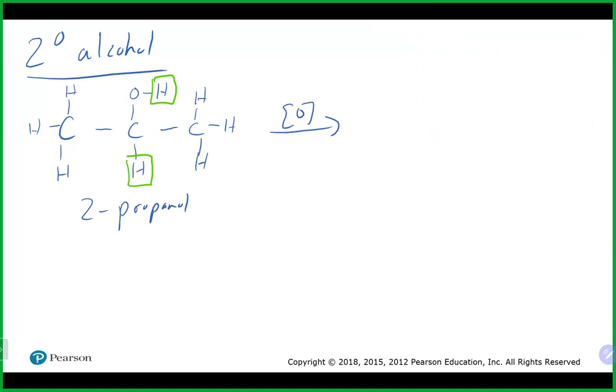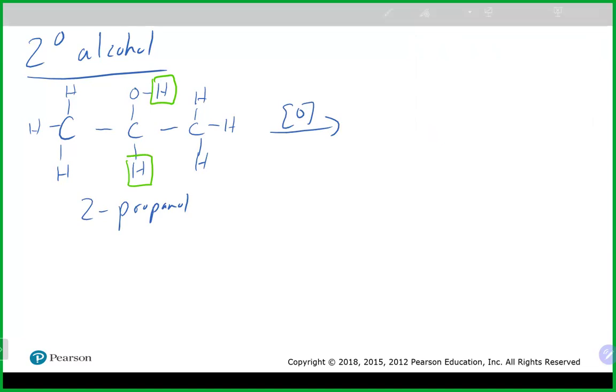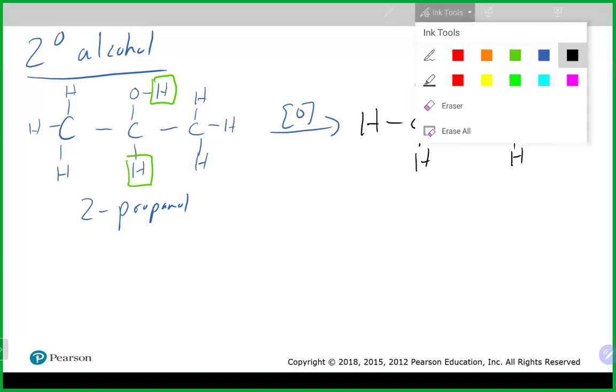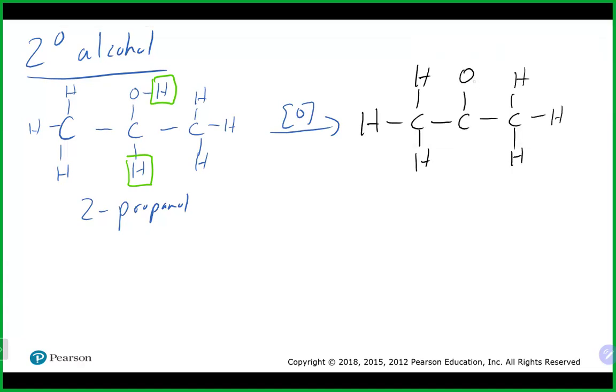There's our two hydrogens going off. Now at this point, we just copy what's there without those hydrogens. Everything's exactly the same. Nobody moves. Last thing I need to do is to fix it by putting a double bond in the exact same locations we did in the previous one between the carbon and the oxygen.